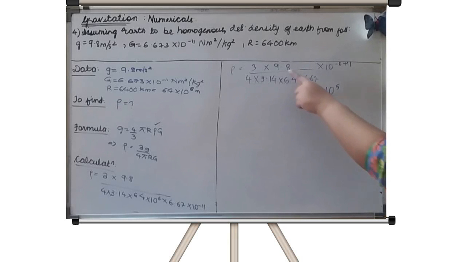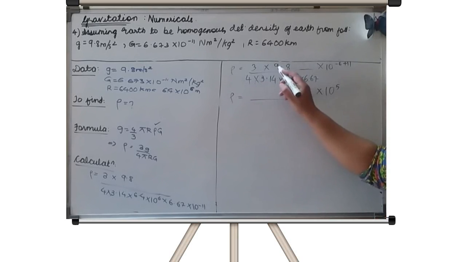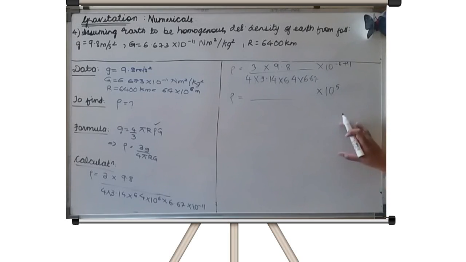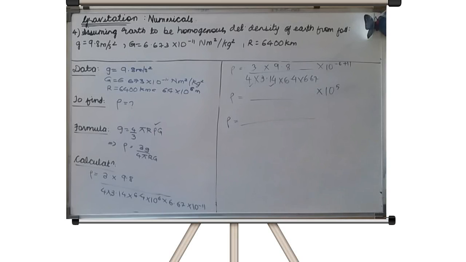You can take out the decimals and extend the power here, whatever is comfortable with you. Likewise, you can multiply the simple numbers and then perform antilog. If you have any doubt regarding antilog or solving, just let me know, comment down below or email me. You can multiply these simple digits, and simple multiplication will give you your density.